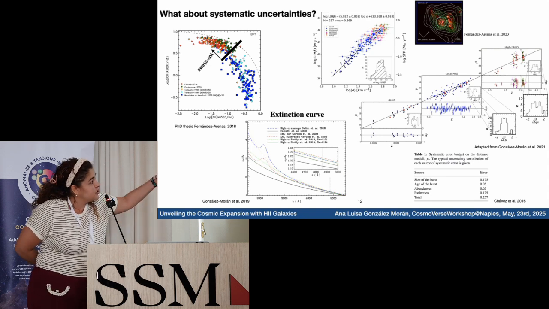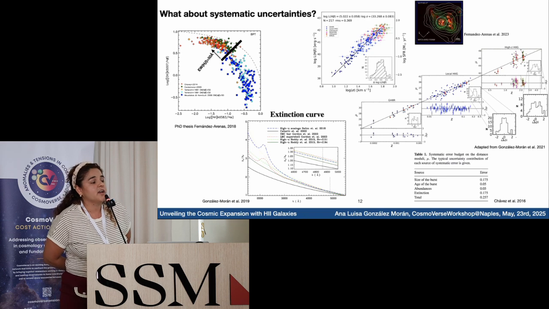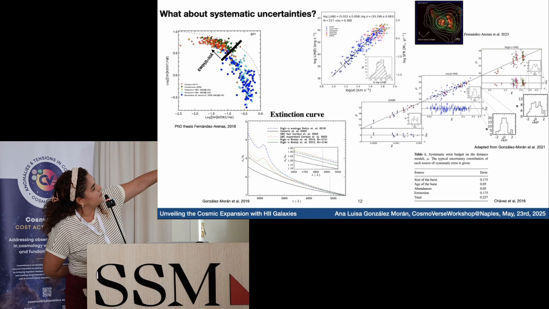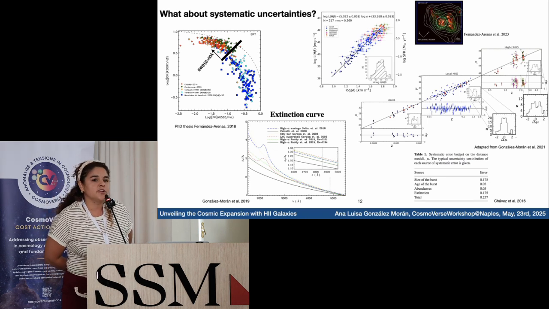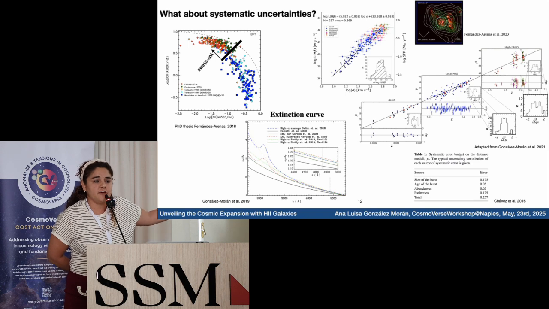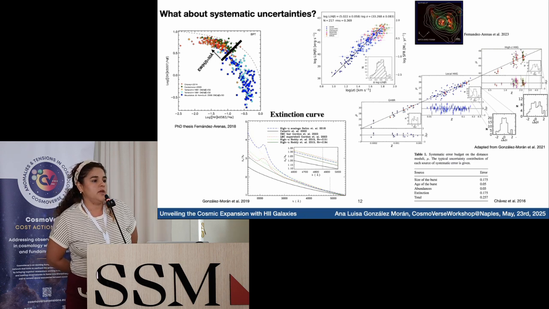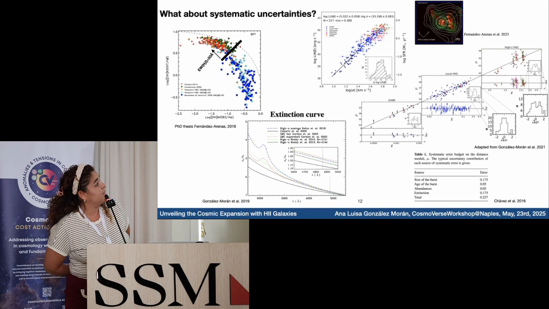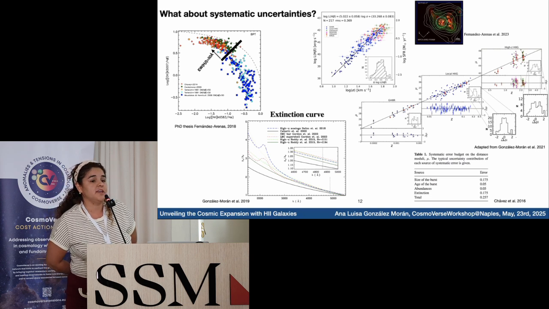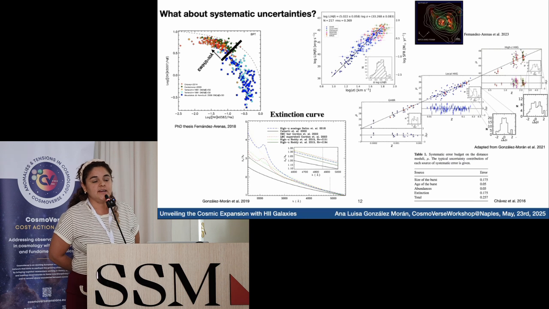And also here I show you the Hubble diagram for H2 galaxies. In the bottom panel, I don't know if you can see, are giant extragalactic H2 regions with distances estimated using Cepheids. The middle panel is for the local H2 galaxies, and the top panel for high redshift galaxies. If we compare the scatter, the high redshift galaxies have larger scatter than our local sample.